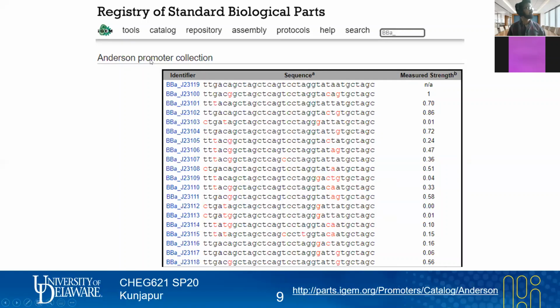So, in the mid 2000s, I think he was at the time a J. Keasling Lab postdoc, eventual professor at UC Berkeley, Chris Anderson, was characterizing different promoters and other genetic parts. And so he created a collection that was effectively named after him, where there were individual mutations or sometimes pairs performed in some of these hexamer regions.